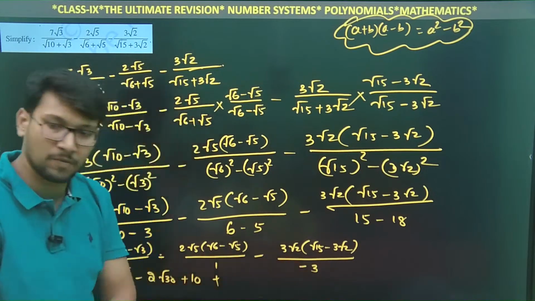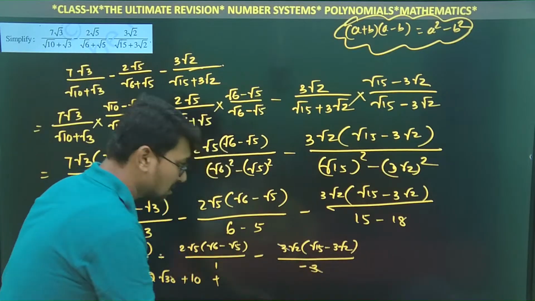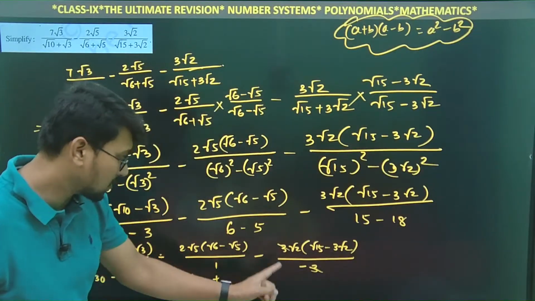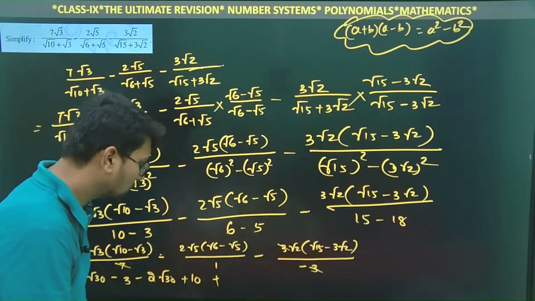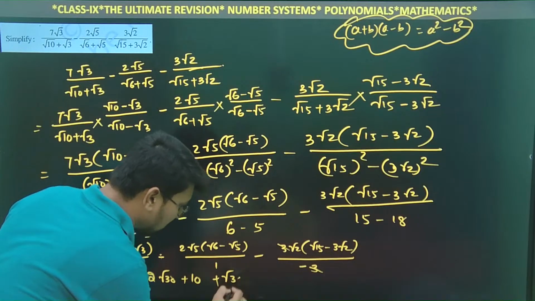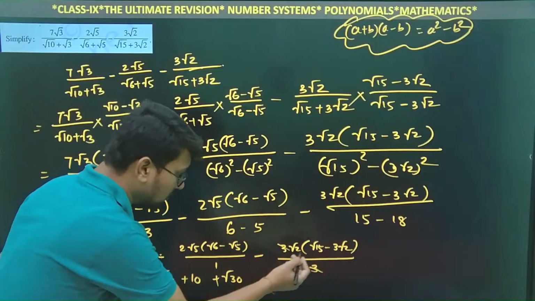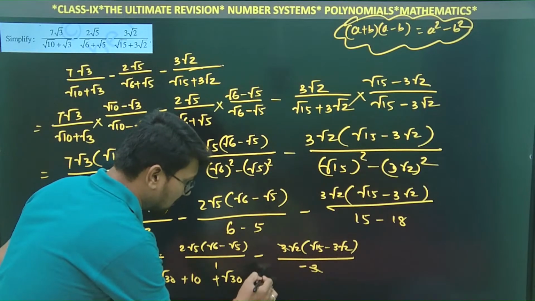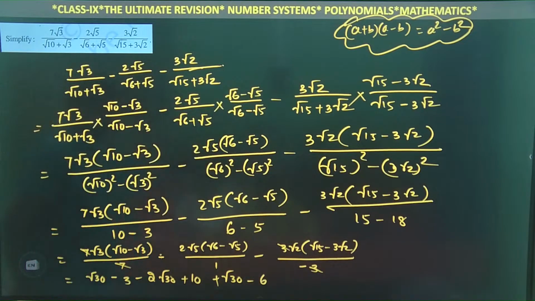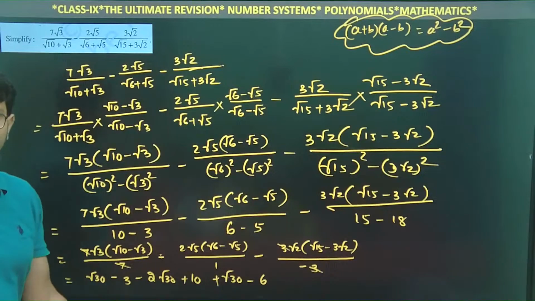This is minus plus. 3 cancelled. What is left? Minus has become plus. Root 2 into root 15, what is it? Root 30, right? And here root 2 into root 2, what is it? 2 into 3 is 6. So it is minus 6. Got it? Check.